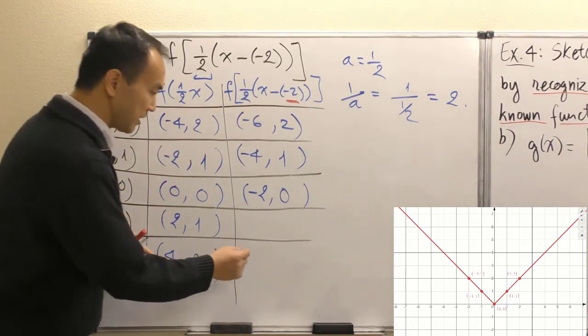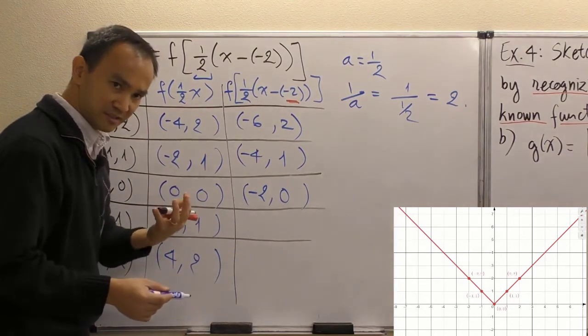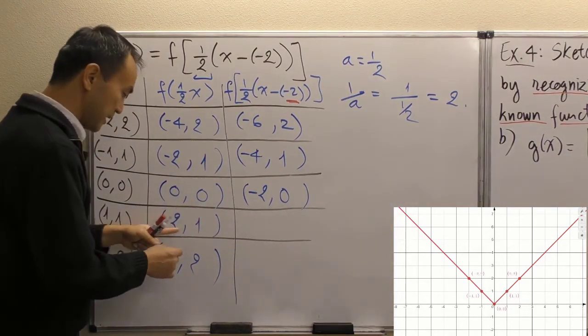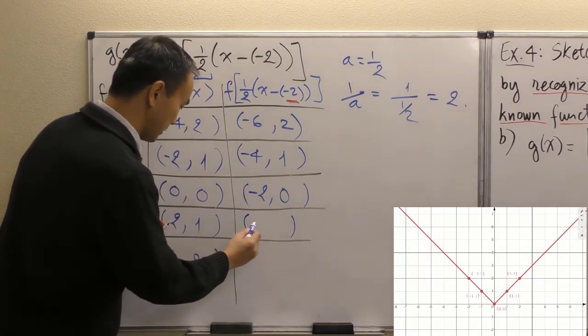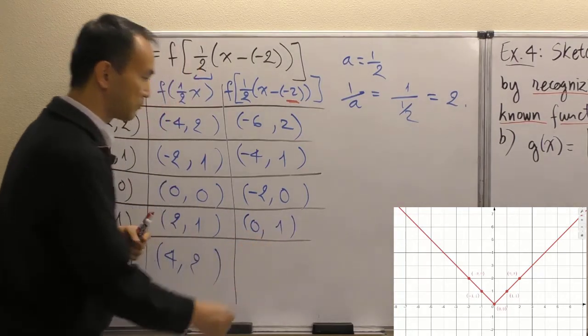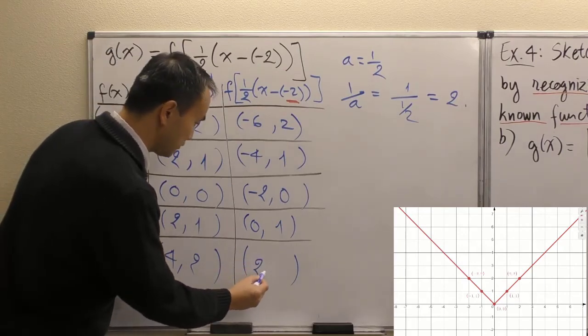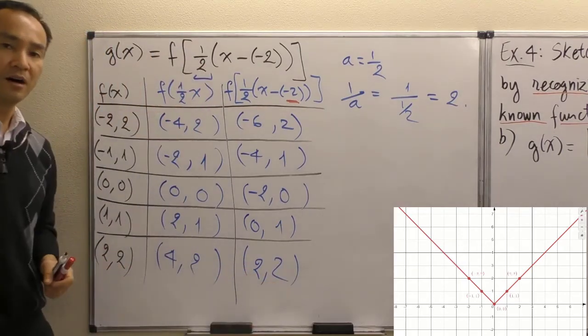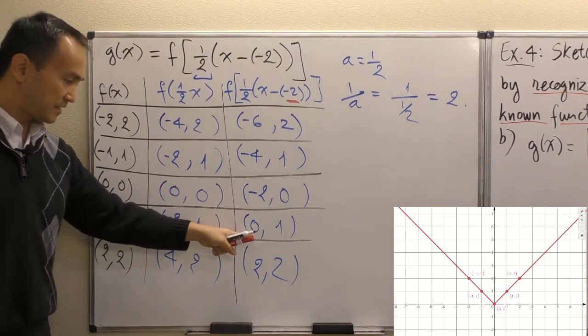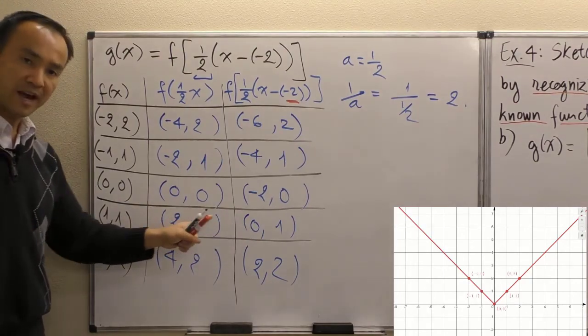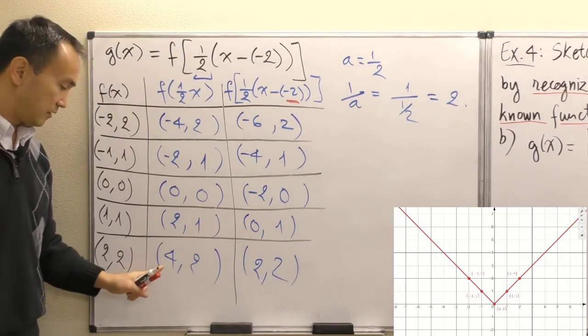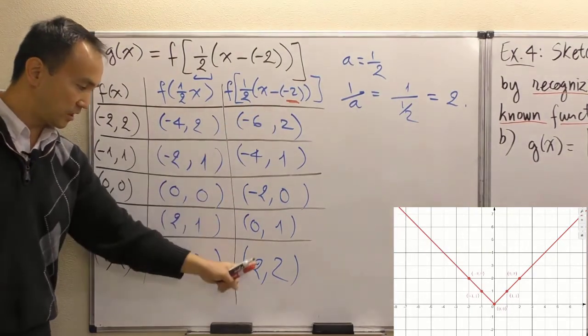In that way, where you already caught the direction I'm going, the next point becomes 0 comma 1, and the next point here is 2 comma 2. That 0 came out because 2 added with negative 2 gives 0, and 4 added with negative 2 gives a positive 2.